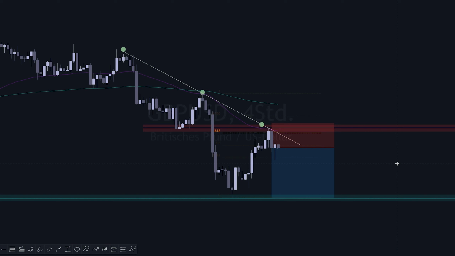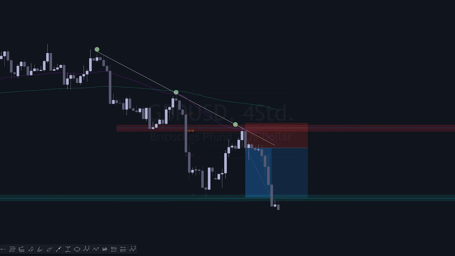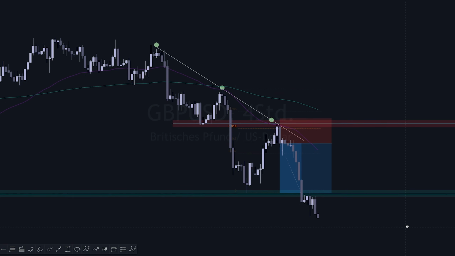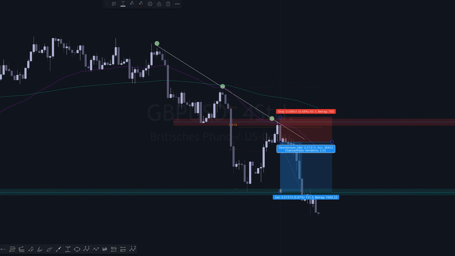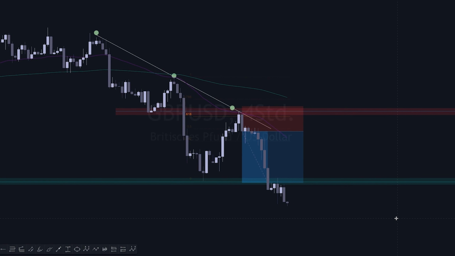So I can be chill, go away from the screen and let this trade play out, because I have multiple confluences that the market wants to go in my direction, guys. So when I play this out again, we can see the market clearly shoots into my take profit area right here.